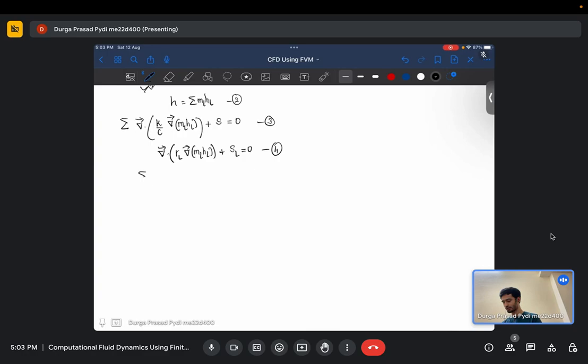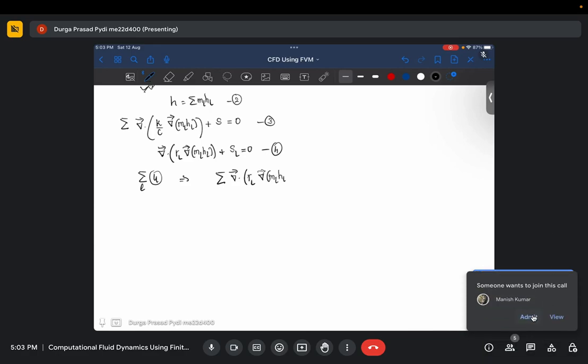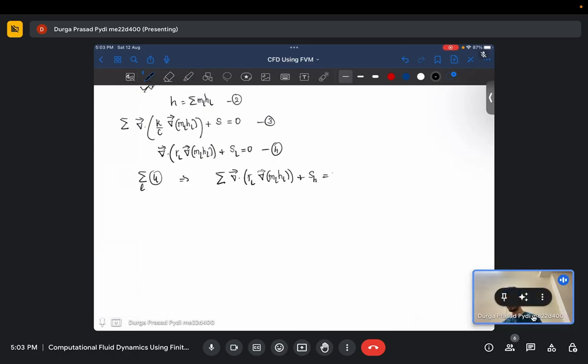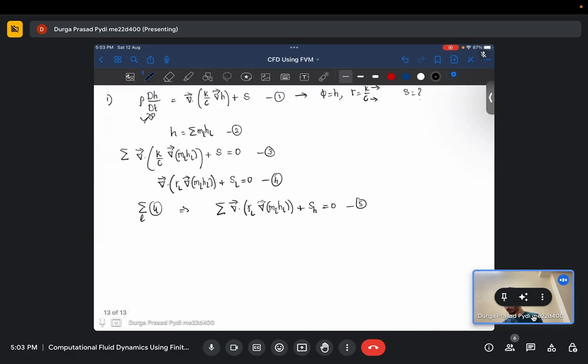Now if you do a summation for all the species on equation 4, what we essentially get is summation of plus summation over all the enthalpy generation terms, which I'm just calling SH. So this equal to 0. This is my equation number 5. So now if you see equation 3, just do some slight rearrangement.